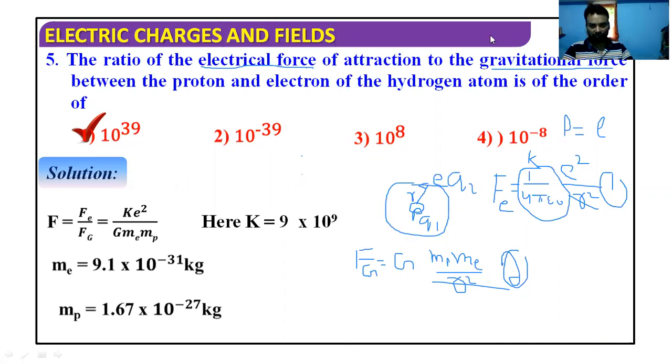So let me tell you exactly what the conclusion is. 10 raised to the power 39 is equal to Fe upon Fg.